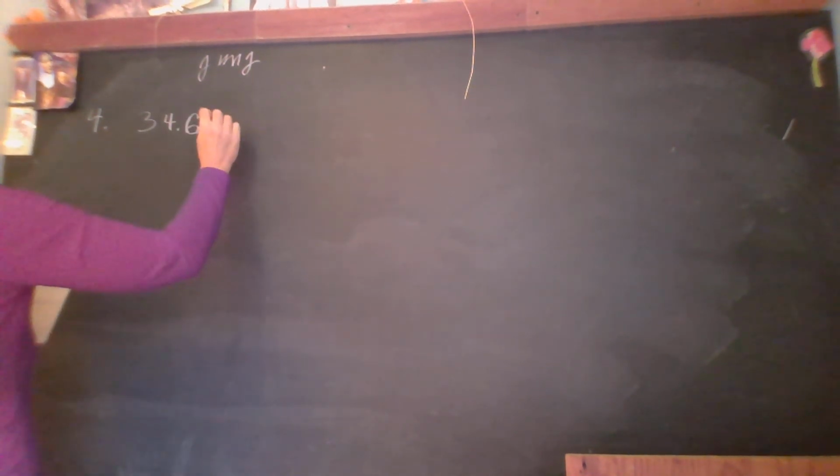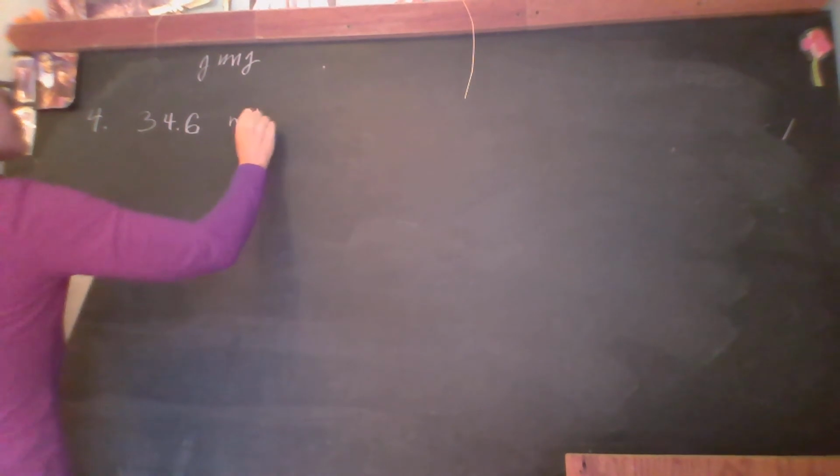If an object has a volume of 34.6 milliliters, how many kiloliters of space does it occupy? Oh man, we're going to need to use 3 conversions for this one. No, actually we can do this with 2.